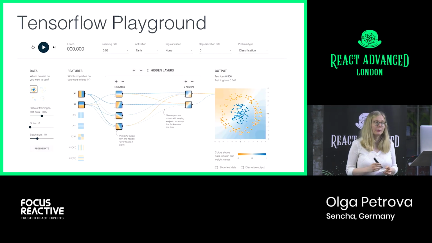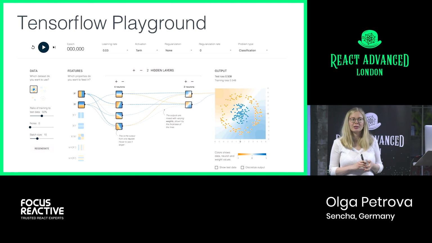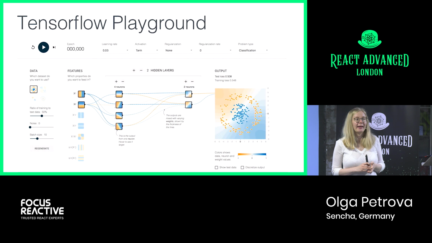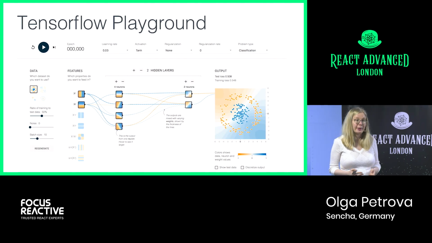I was inspired by the TensorFlow Playground project. Who of you has heard about this project? Okay, so it's a learning tool, a kind of grandparent for the TensorFlow.js library.